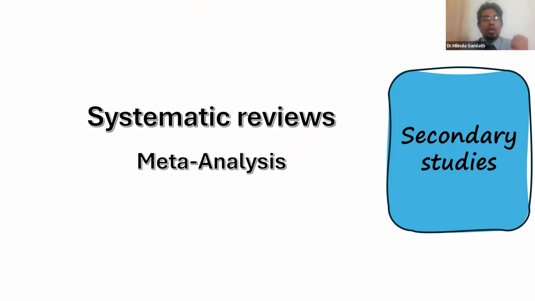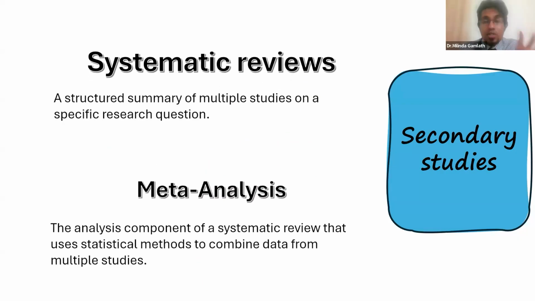So you might have already heard this. Systematic reviews are a type of secondary studies. And within them, you might have also heard about this term, meta-analysis. So it's important for you to know a little bit about this. Systematic reviews, like I mentioned earlier, are structured summaries of multiple studies on a specific research question.